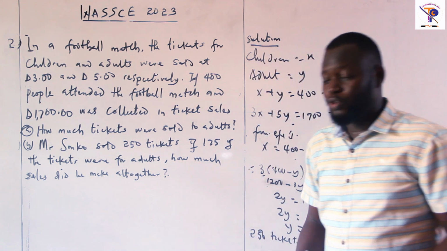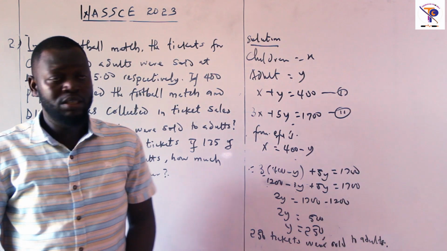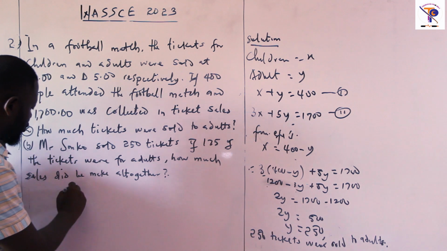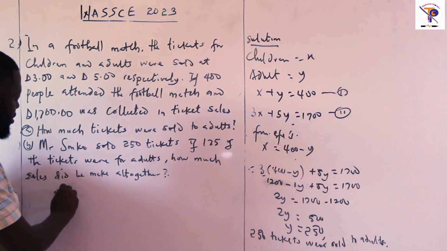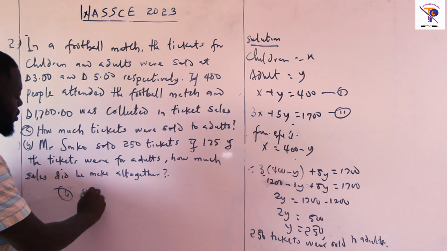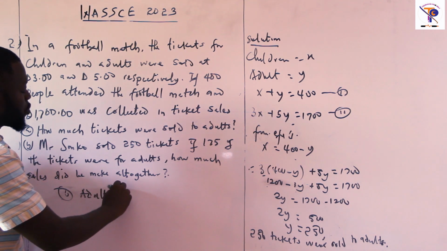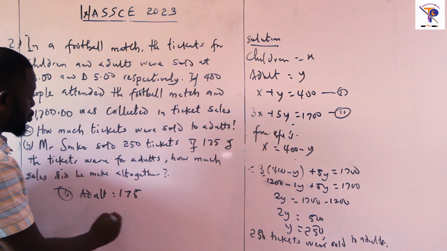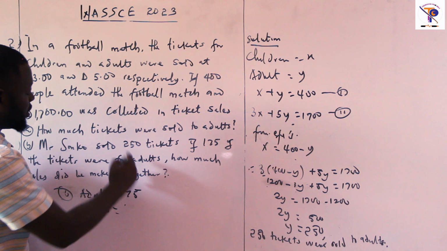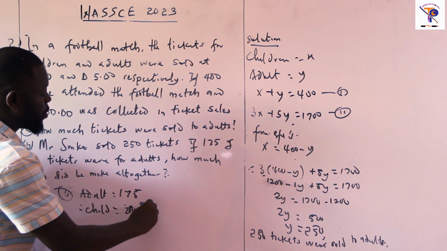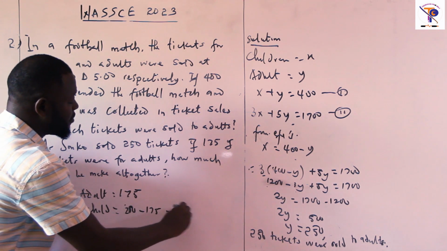when 175 were for adults, how much sales did he make altogether? So we'll check for the adults, which is B now. For B now, adults is equal to 175. So therefore, children will be 250 minus 175. That will be 75.